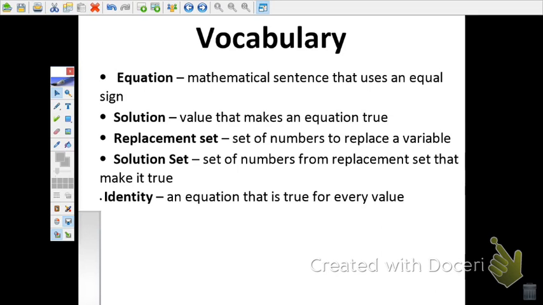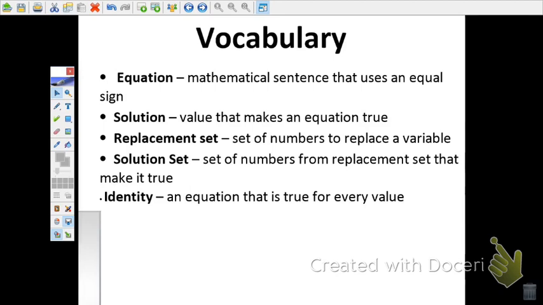So when we have an equation, we are then looking for a solution, which is the value that makes the equation true. And some different ways that we're going to be doing that. One way is by using a replacement set. And a replacement set is a set of numbers that they are asking you to replace the variable with.